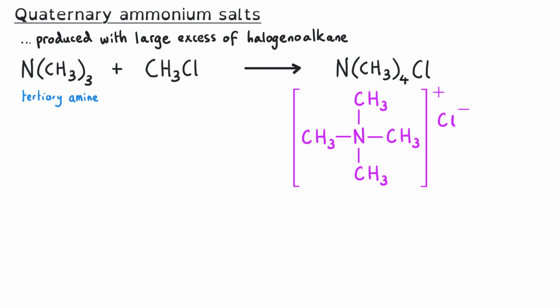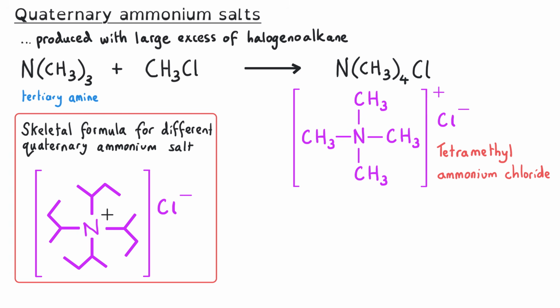The displayed formula for this example would look like this, with 4 methyl groups attached to the nitrogen atom and the whole structure being labelled as positively charged, or you could put the plus sign on the nitrogen atom itself. Because of the 4 methyl groups attached to the nitrogen, the name for this compound is tetramethyl ammonium chloride.